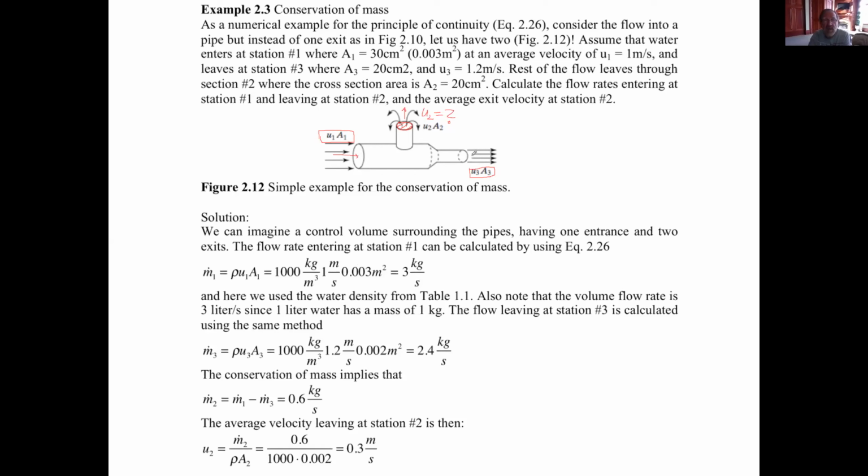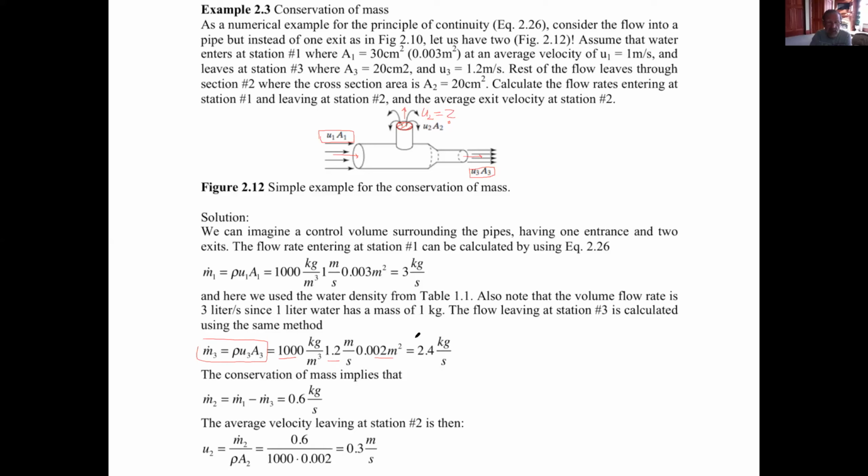Now what's coming out here? Same story. Okay, same story. Density. Velocity is faster because it's a smaller area, typically. And then also the area is smaller.